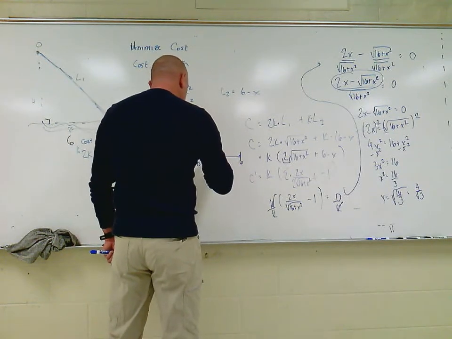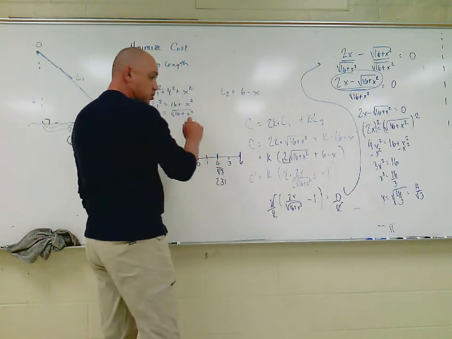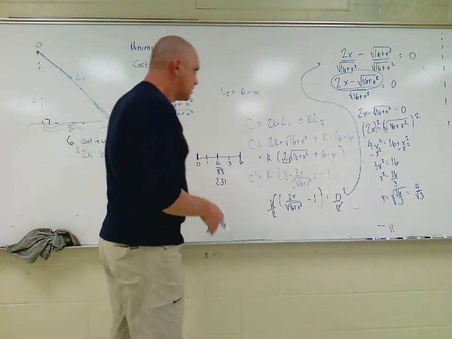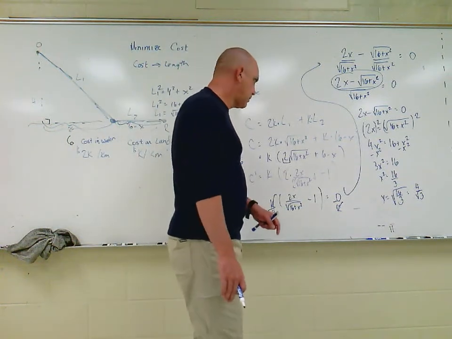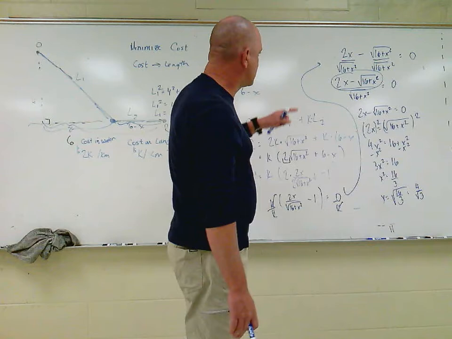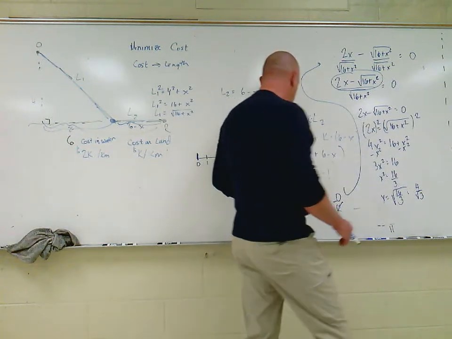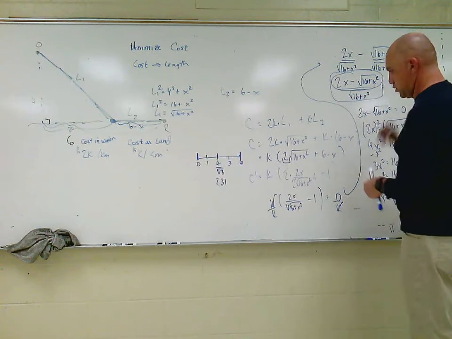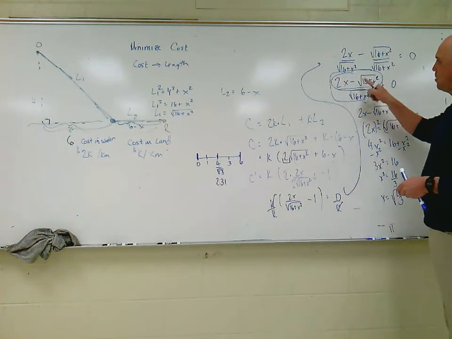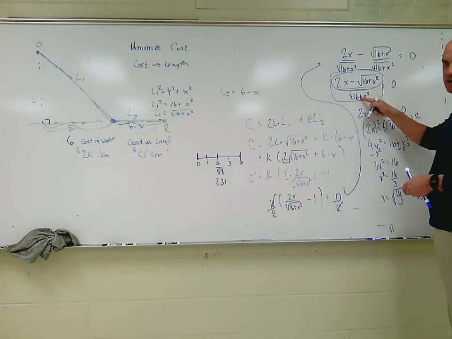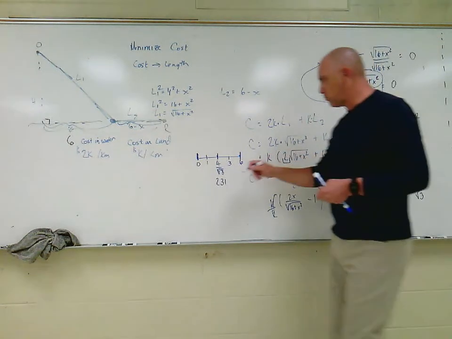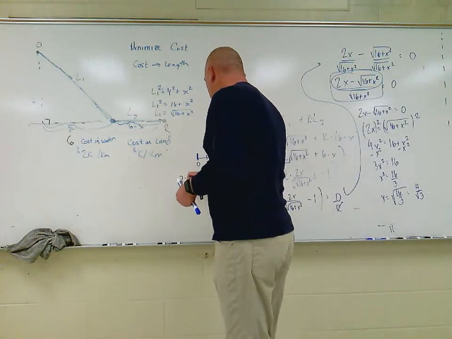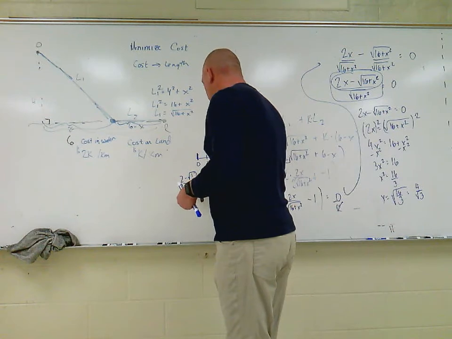So I would test 1 and 3, just to make sure that it is a minimum. If I plug in a 1, I get 2 minus the square root of 17 over a positive.